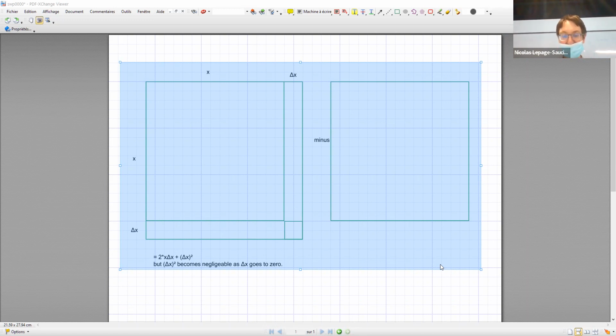So n factorial divided by n minus i factorial times i factorial, with i equals 0. Yeah, exactly. The thing is that I don't know where it is in my menu. And this is of course x to the i.